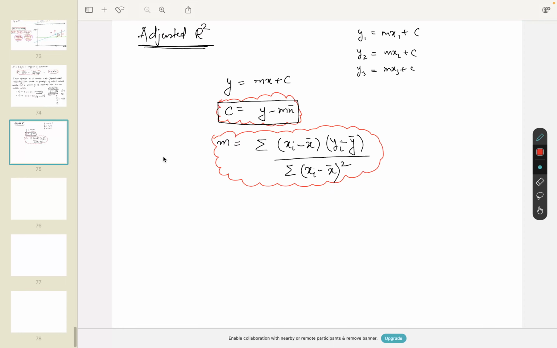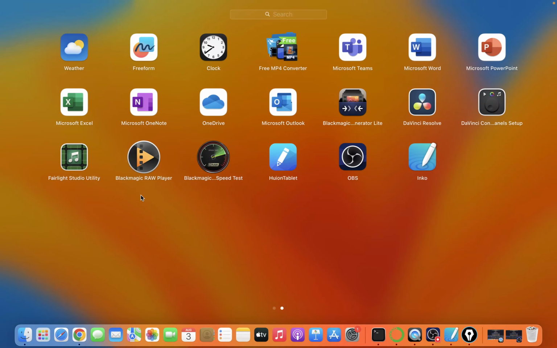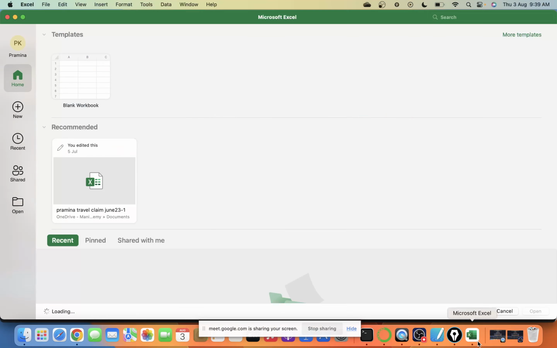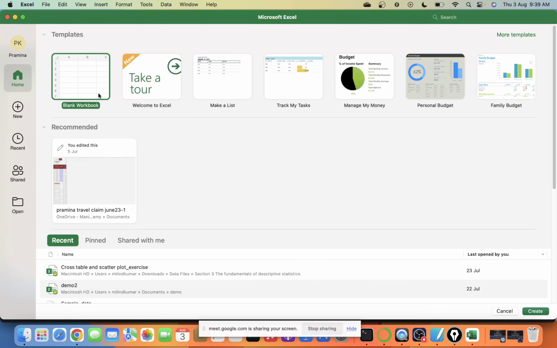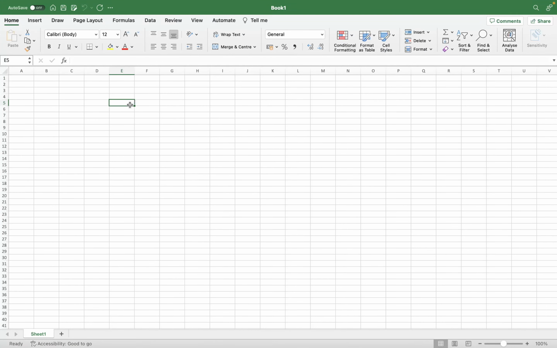Okay. So now we'll see this with Excel. Let me open the Excel. Okay, now Excel is there. Let me do one simple thing: YOE stands for years of experience, and this is salary. Let me give some arbitrary values like 2 years, 3 years, 5 years, 13 years, for example.